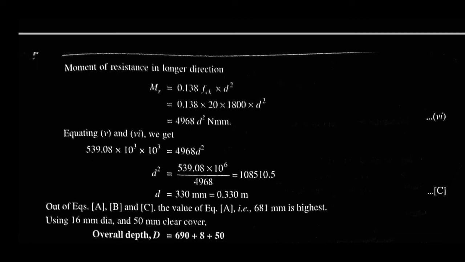So 539.08 into 10 cube into 10 cube is equal to 4968 d square. So d square is equal to 539.08 into 10 to the power 6 by 4968, that is equal to 108510.5. So d is equal to 330 mm or 0.330 meter.